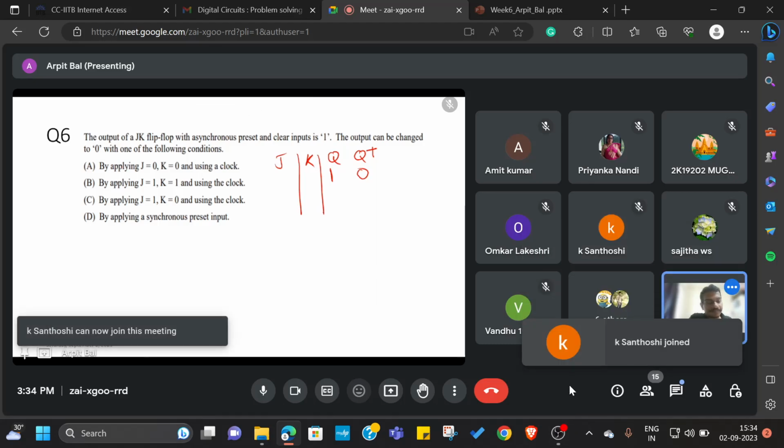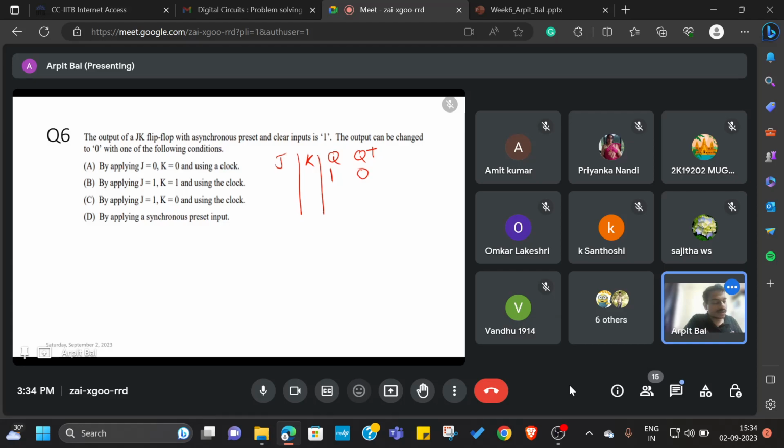Okay, so we saw the JK flip-flop table in the first question. So using that table, can anyone tell me what value I can assign here for JK?